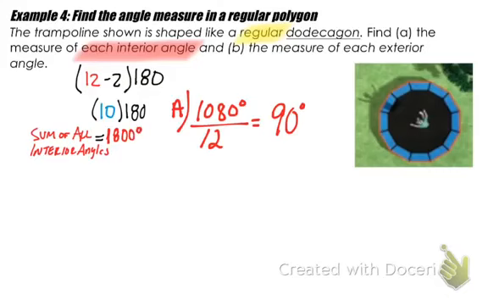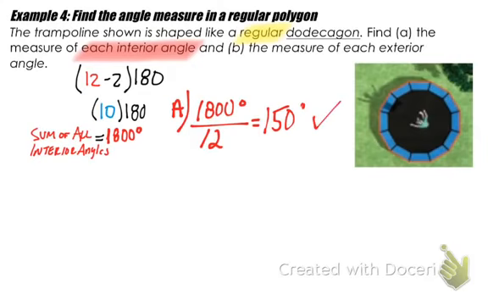Since in a regular polygon all the interior angles individually should be the same, if we take 1800 and divide it by 12, we should get not 90, but 150 degrees. I just multiplied 10 and 180 wrong. So each individual interior angle of this dodecagon is 150.